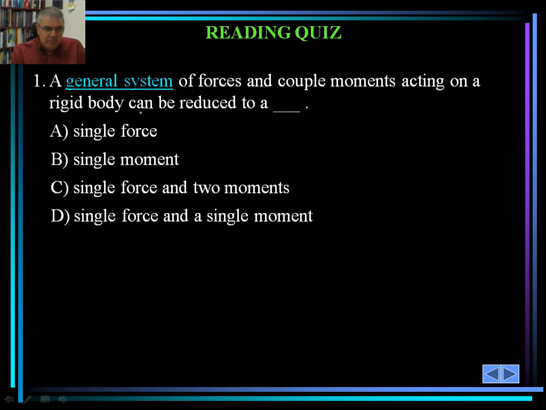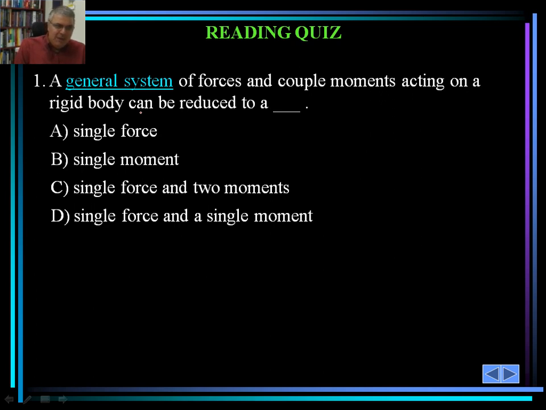So let's take a look at a reading quiz. A general system of forces and couple moments acting on a rigid body can be reduced to a single force, a single moment, a single force and two moments, or a single force and a single moment. This question is a little tricky.